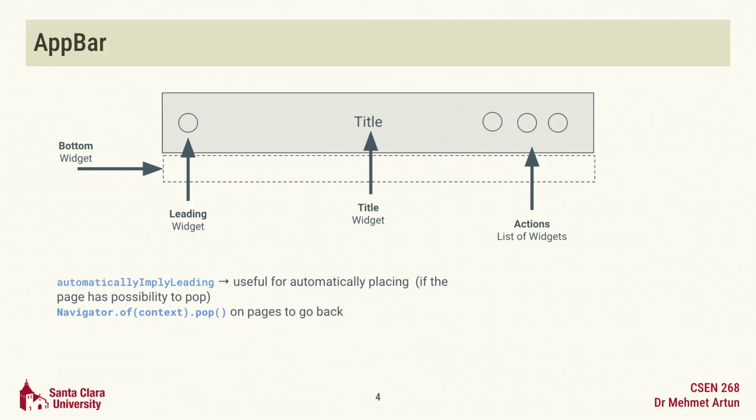And what it does automatically, of course, is that the drawer function, the menu function, usually you don't get the menu function on the pages that are on the stack. So, for example, in the food ordering app, on your home menu, you'll have a drawer or whatever main menu on the left-hand side. On the left-hand side, you have the menu button, the burger button. But when you click on the item to order that item, it becomes a poppable page with a close or cancel, etc. And there you don't have the drawer button.